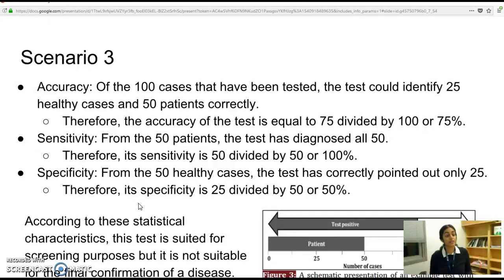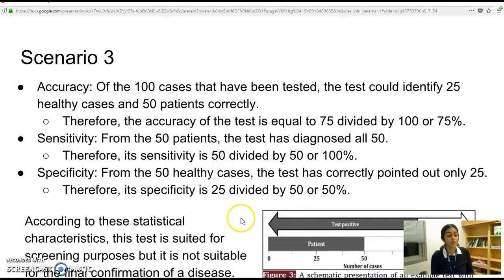In scenario 3, out of 100 cases, we have 75% accuracy again, but the sensitivity from the 50 patients is 100% because all the patients have been identified, but specificity is only 50% because from all the 50 healthy cases, the test has correctly pointed out only 25.